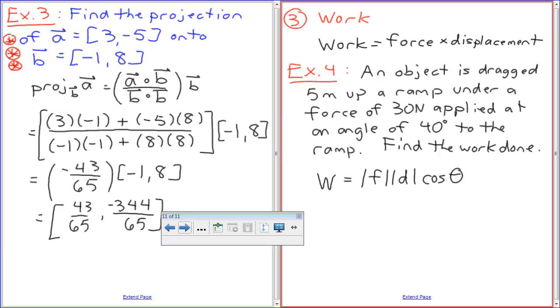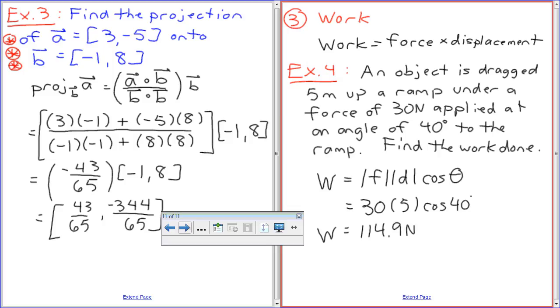My force here is going to be 30. My displacement is 5 cosine of 40 degrees, and that's all there is to work. Okay? Just another application, but that's all there is to this. And I got an answer of 114.9. Hopefully that matched yours. 114.9.